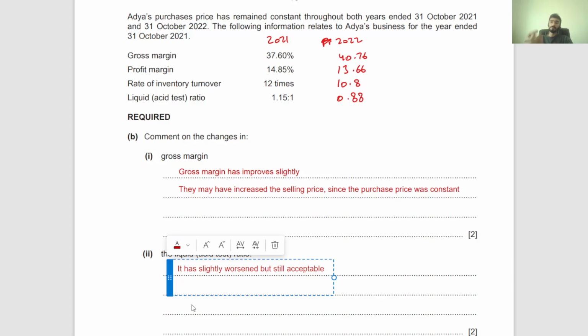Secondly, you can say closing inventory is much higher this year. You know what that means? If inventory is higher this year, it means a lot of your money is stuck in inventory.